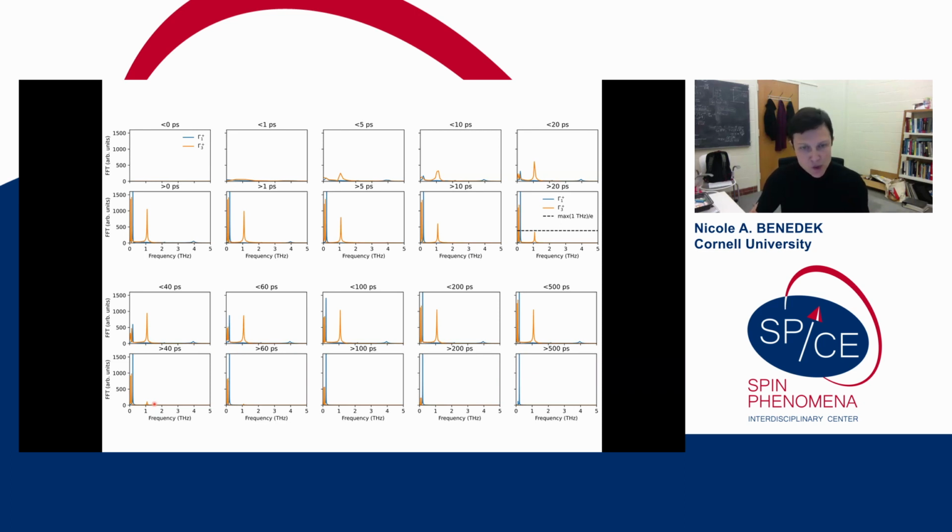And that's consistent with what's seen in experiments, but those low frequency components are still very much there. By 500 picoseconds, the orange mode, the EG Raman mode, has been damped out, but the gamma 1 plus Raman mode is still there because it couples to a strain that is longer lived. And then by about 1,000 picoseconds, everything has been damped out.